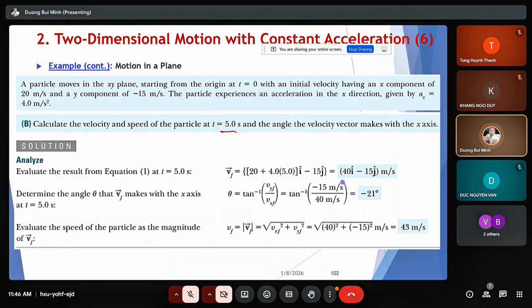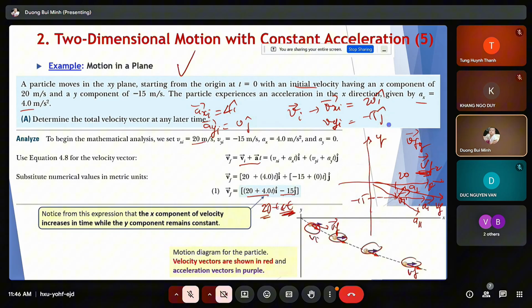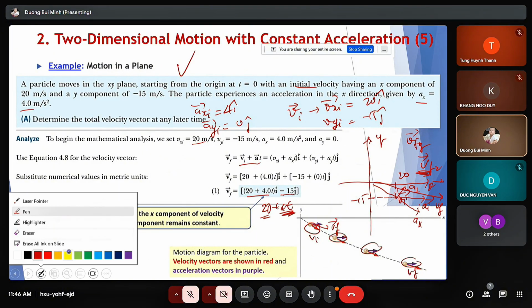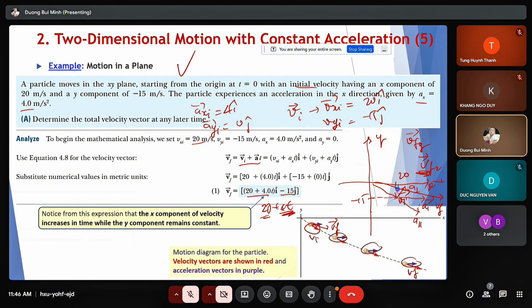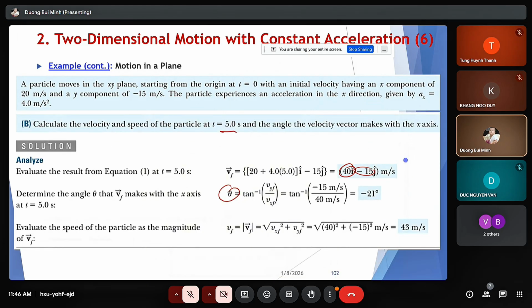If t is 5 seconds, you get here 40, minus 15, and so on. You can calculate the phase angle. So the phase angle here is minus 21 degrees, this angle here. And the magnitude is 43.